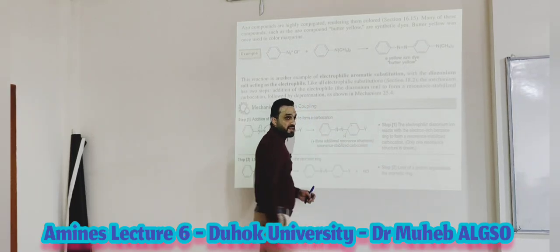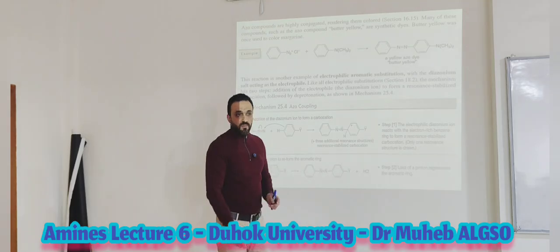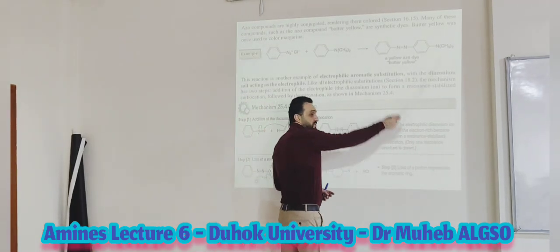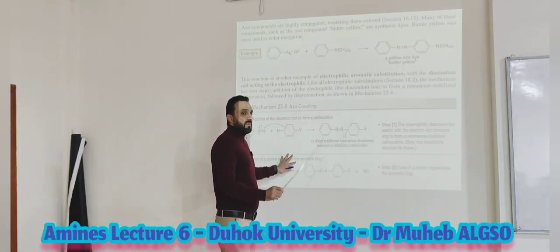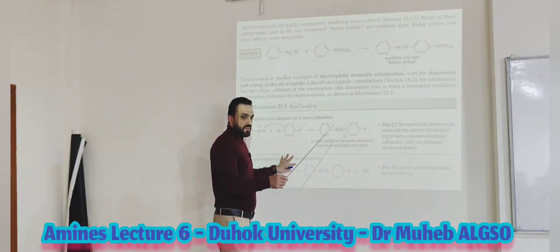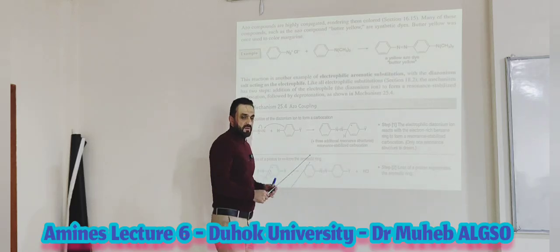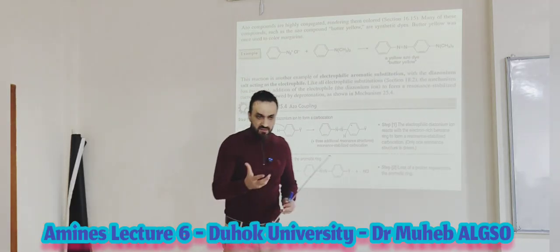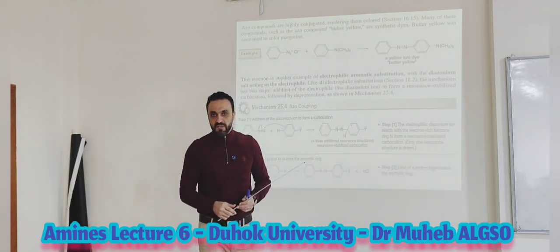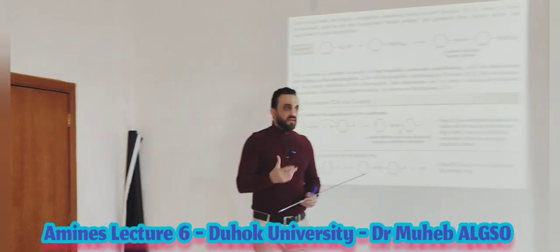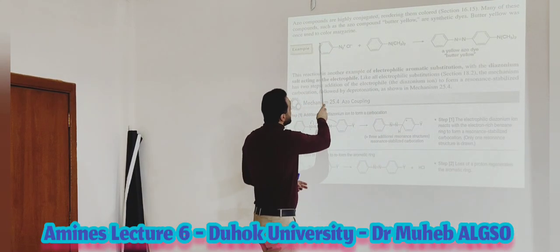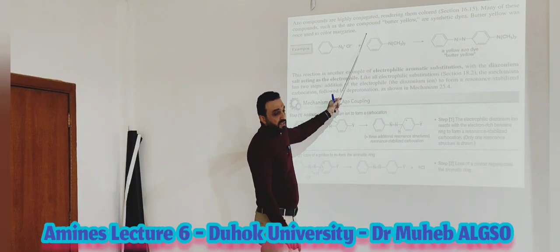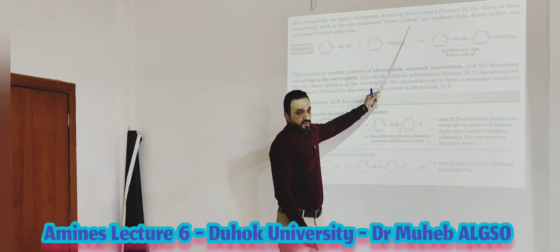That means azo compounds are highly conjugated. When a compound has a highly conjugated system, it will always be colored. So many of these compounds, such as azo compounds, are yellow.